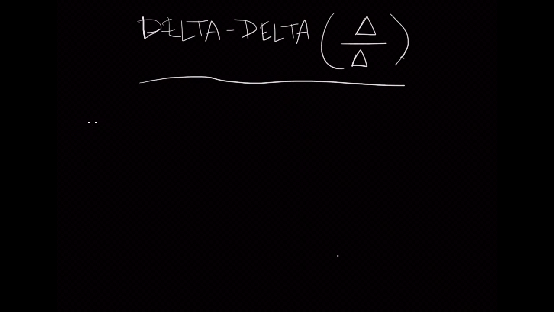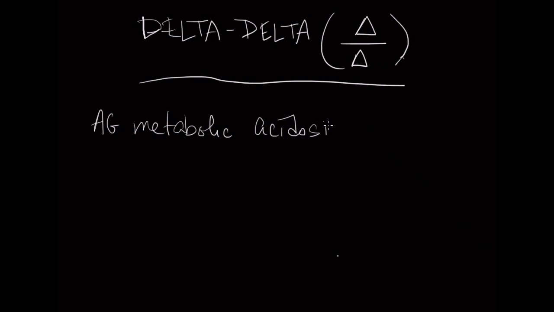And it all goes towards identifying complicated acid-base disturbances, particularly in patients who have an anion gap metabolic acidosis. This is probably one of the most common acid-base disturbances you'll find in the hospital, but it is often accompanied by other acid-base disturbances.